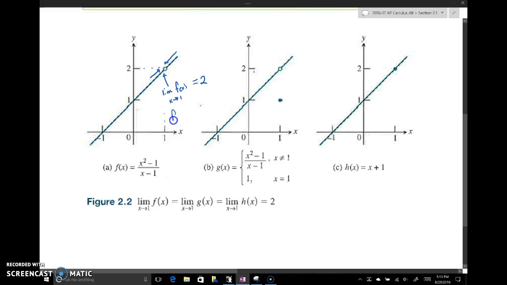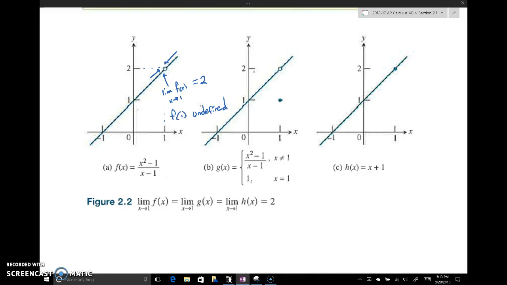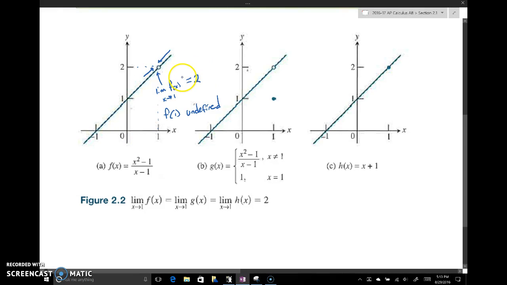But keep this in mind, f of 1 is not defined, or we usually write it like this, just as shorthand, does not exist, or we could write undefined. That's okay. The function doesn't have to be defined there. The limit can still exist.